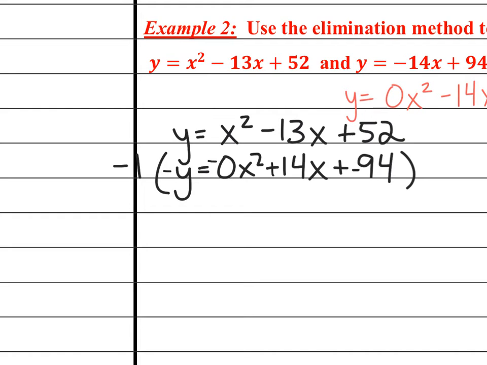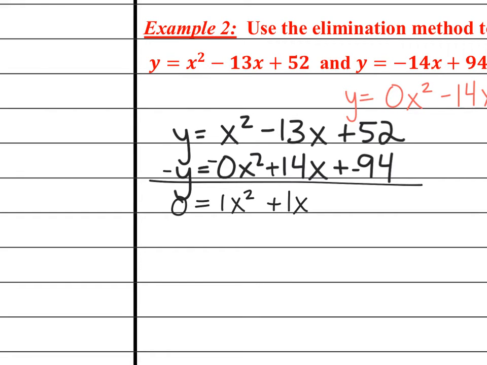So I'm going to get rid of that now. You could also subtract if you prefer. Let's add them up. So that would give me 0 is equal to 1x squared plus 1x minus 42.